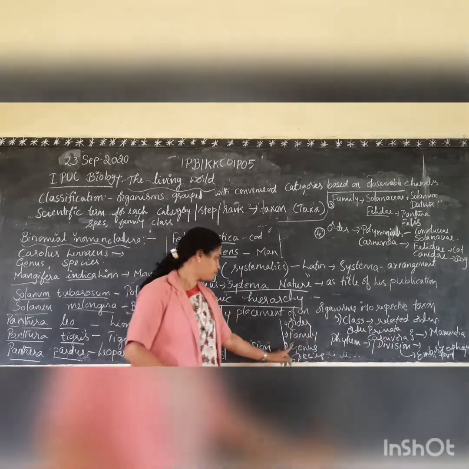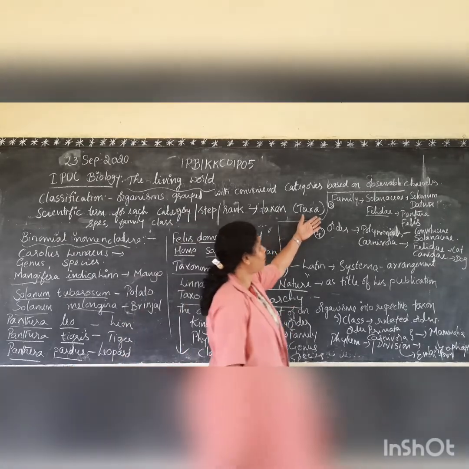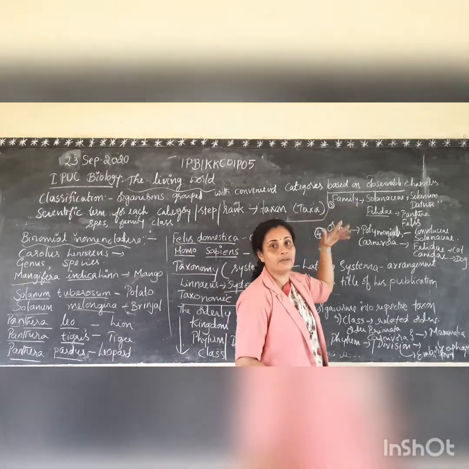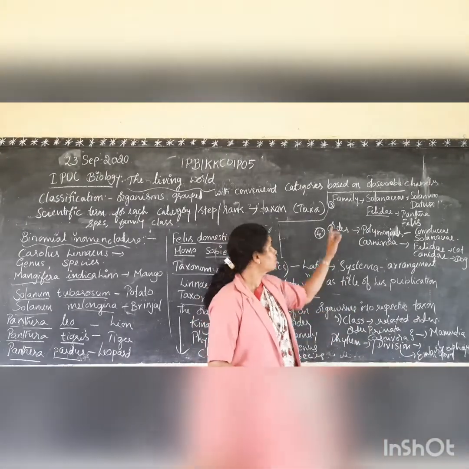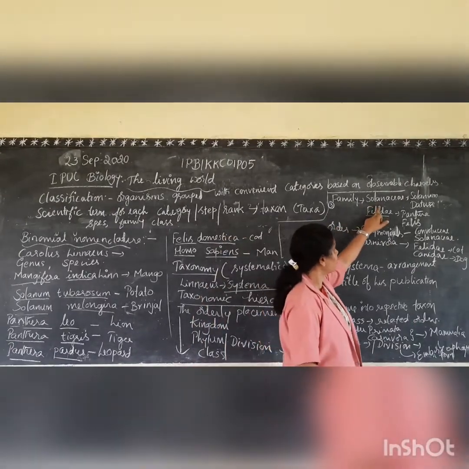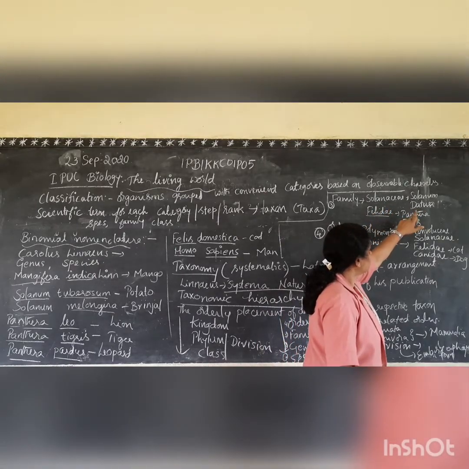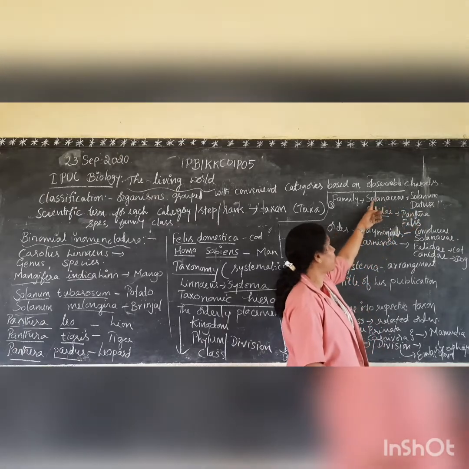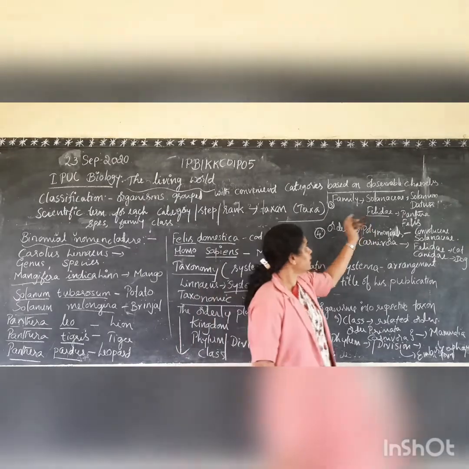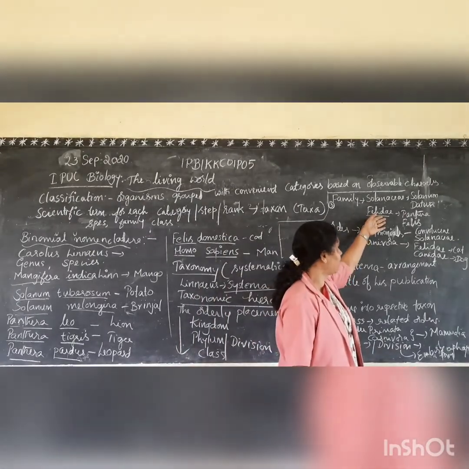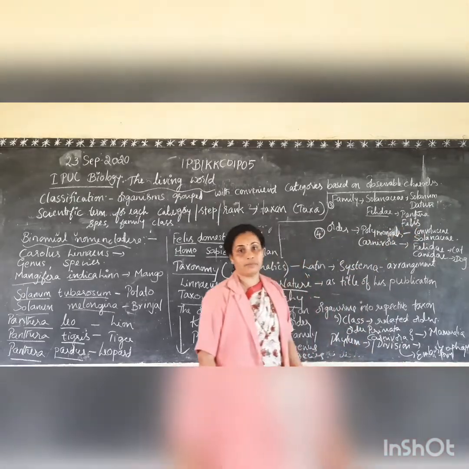Next, the higher taxon is family. A family includes more than one related genus or genera. For example, the family Solanaceae, a plant family, includes the genera Solanum and Datura. In the case of family Felidae, it includes the Panthera and Felis genera.